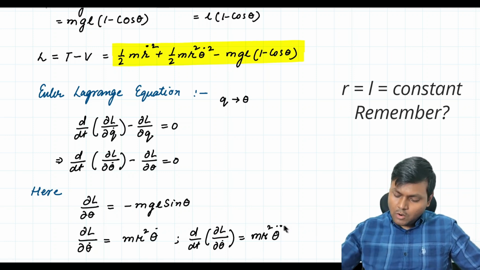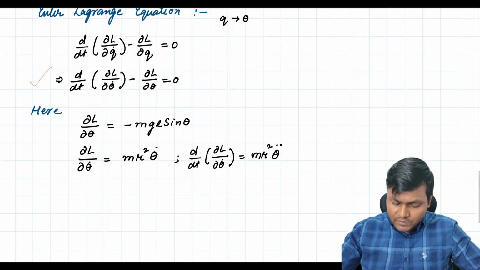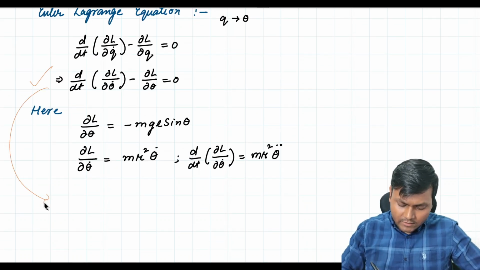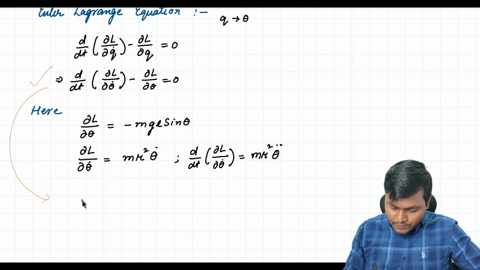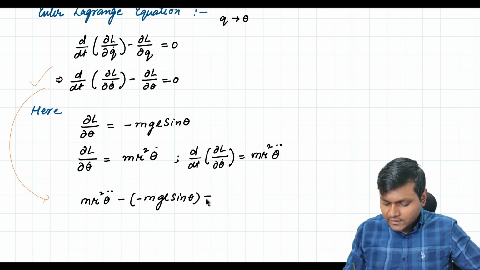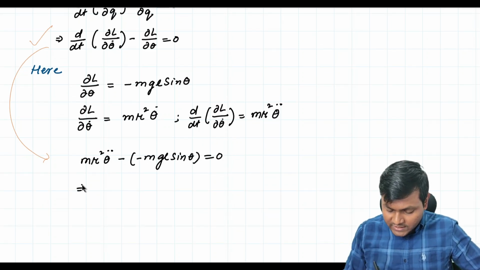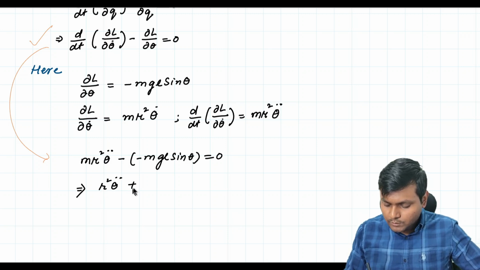So if I plug all of these back into the Lagrange equation, I simply obtain an equation of the form m r square theta double dot plus mgL sine theta is equal to 0. The m is common, I can take it out. It simply is r square theta double dot plus gL sine theta.